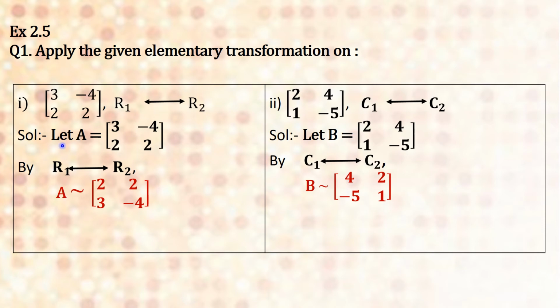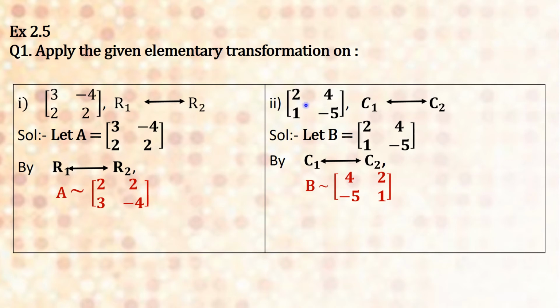So let us name the matrix A equal to [3 -4; 2 2]. Now by using this transformation, the second row goes as the first row and the first row becomes the second row. So the new matrix obtained is [2 2; 3 -4]. We write it as A is equivalent to the new matrix [2 2; 3 -4]. We cannot use the equal to sign here.